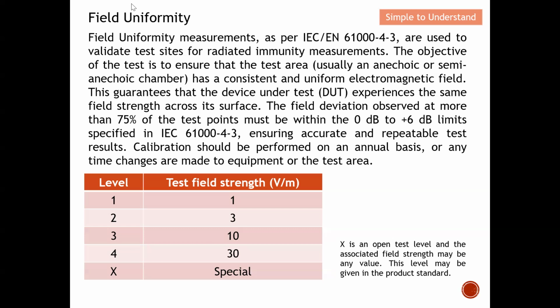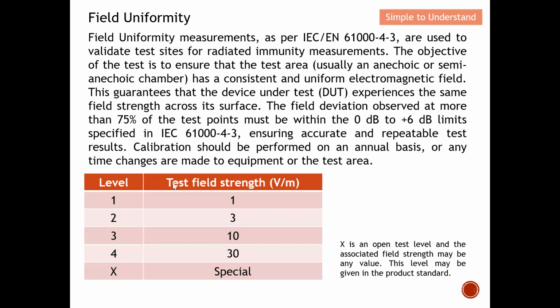In short, when we want to do field uniformity, we need to do it at least once a year, or whenever anything changes. For example, when I change my signal generator or my antenna, I still need to perform this field uniformity.